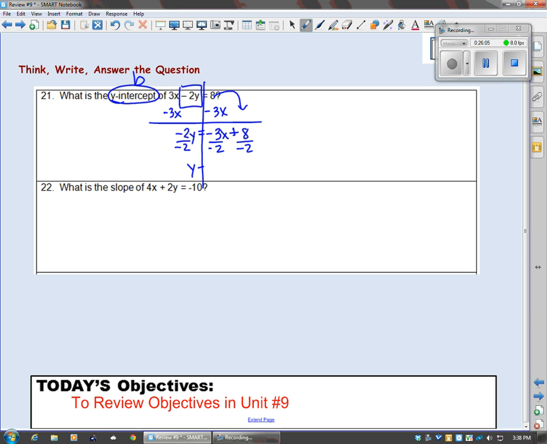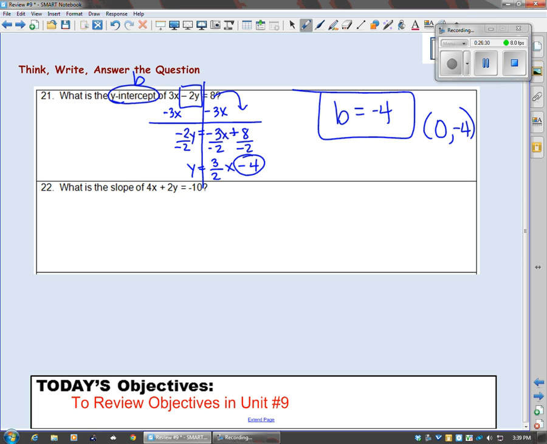So I get y equals positive 3 over 2x minus 4. So the y-intercept is this part. B equals negative 4. If you want to write it as a point, it would be 0, negative 4. It depends on how they ask you on the test.